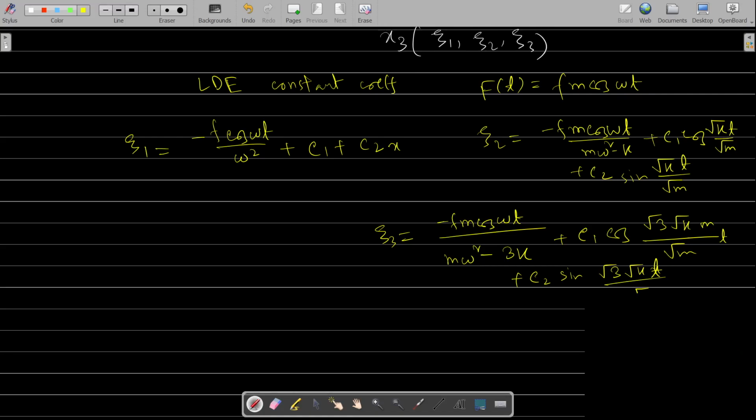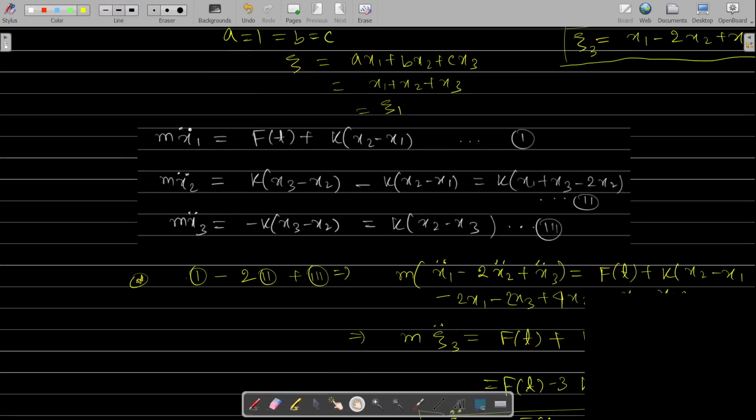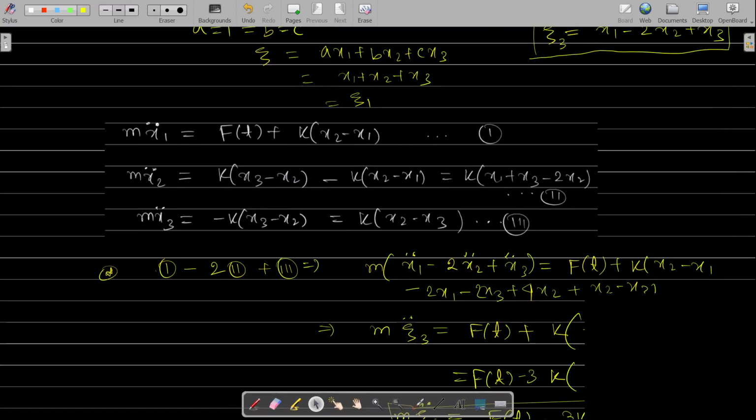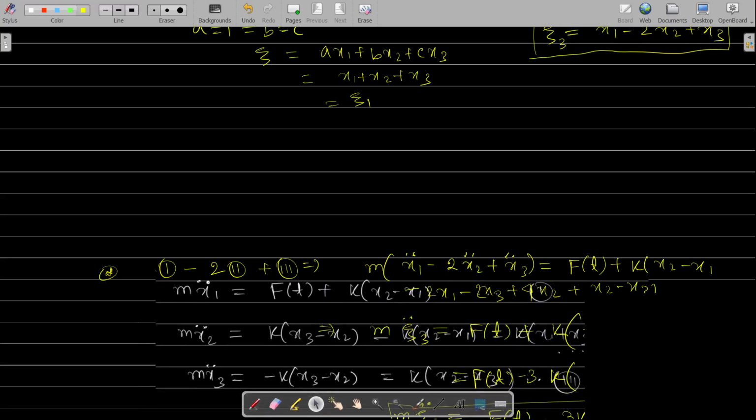Now what we need to do is solve for x3 and express it as a function of the xi. For that, we're going to use the definitions of the xi as functions of the x's, and that can easily be done.